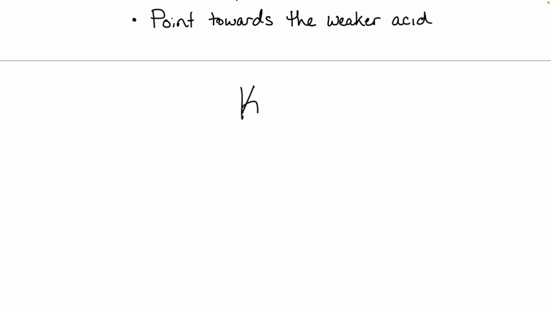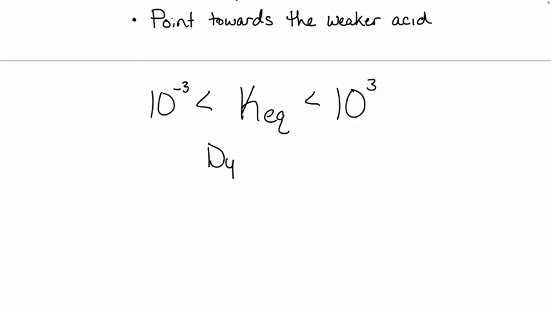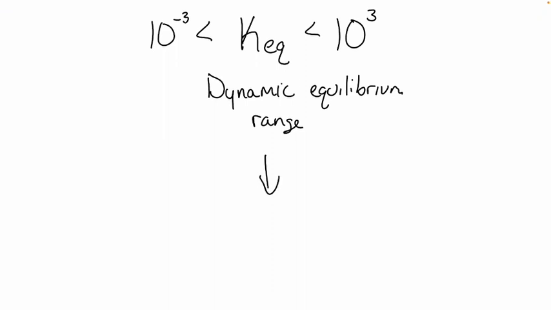So when we're talking about equilibrium constants, we say that if an equilibrium constant is within this range of 10 to the negative 3 to 10 to the 3, this is what we call the dynamic equilibrium range, meaning that you can tune your reaction conditions to push it one direction or the other. It doesn't strongly favor one side or the other too crazy.